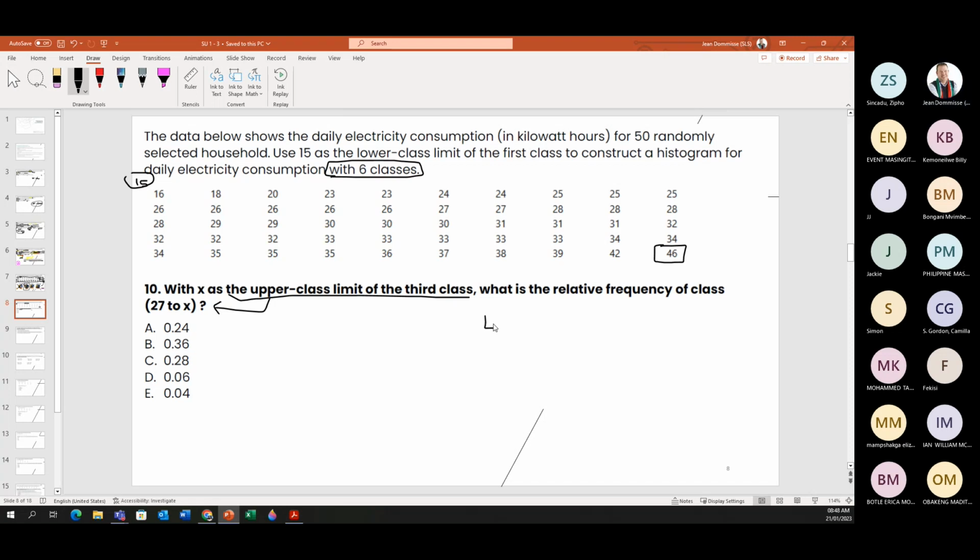So 46 minus 15, sorry, let's do that first. We use that as the lower, so that is 30 divided by 6, because they told us 6 classes.